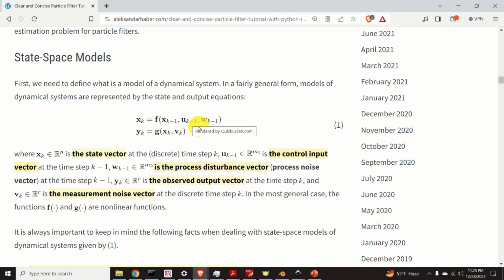The vector uk minus 1 is the control input vector. We assume that the control input vector is perfectly known. This is because the control algorithm computes the numerical value of the control input vector.